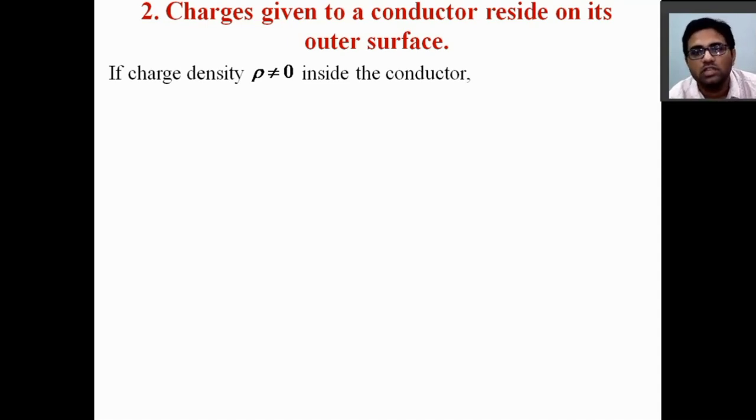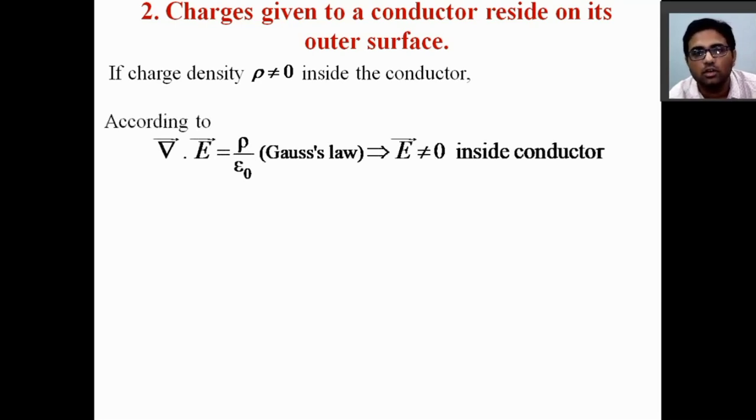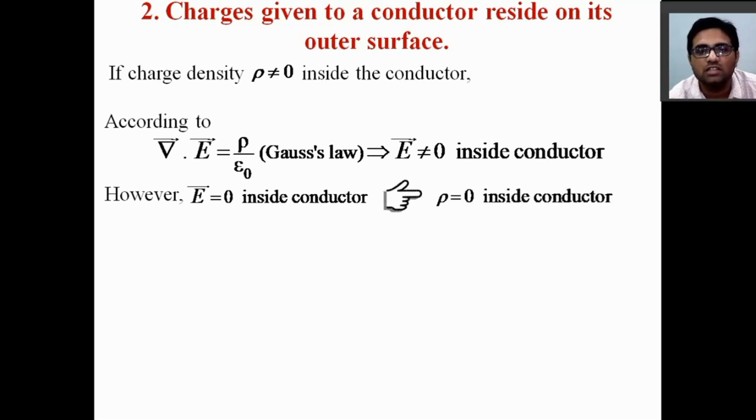Using electrostatic Gauss's law, we can say that the electric field will be non-zero inside the conductor, but we have proved that the electric field is 0 inside the conductor, which implies that the charge density is 0 inside the conductor. So whatever we assumed about charge density existing inside the conductor is wrong, right?